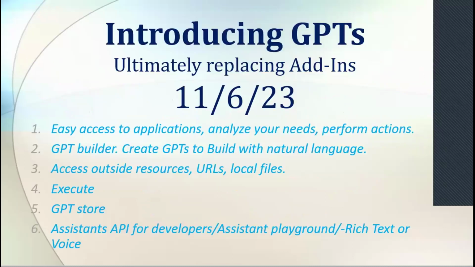We'll talk more. Now, some of you, if you're a power user, you might have heard of something called plugins or add-ins, almost like your phone when you go into the phone store and say, hey, give me these apps. They discontinued those as soon as GPTs were released at the end of last year. These are custom made. You can make your own GPT.